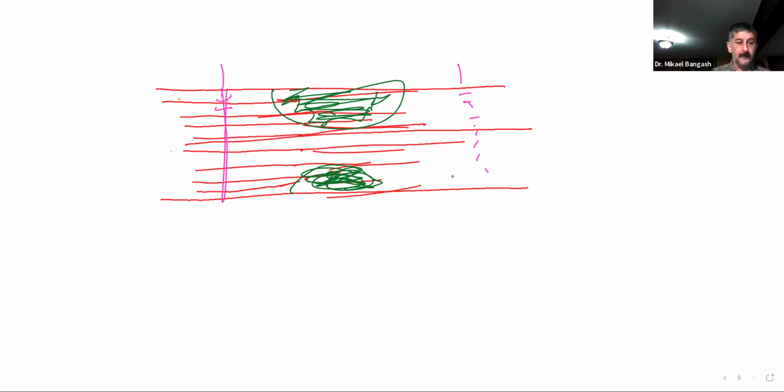Now, I may ask a dumb question. What if you keep your sample window here inside the plaque? Are you going to get a Doppler shift?